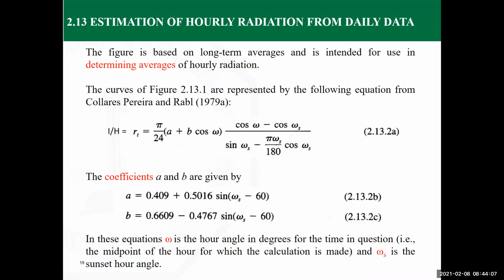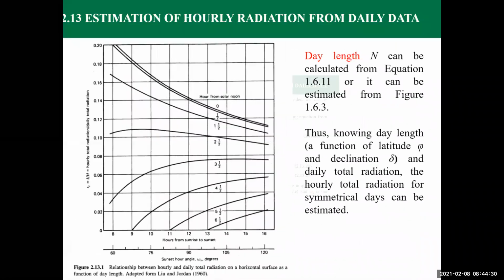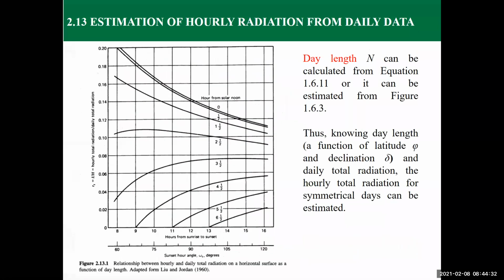And the correlation that we can use for RT can be seen here as equation 2.13.2a, where A and B are again functions of omega S given by equations b and c. So to obtain the value of RT, which is the ratio between the hourly and the daily radiation, we have one of two options: either use this figure to obtain this value, and the input values are the same, or use the correlations.